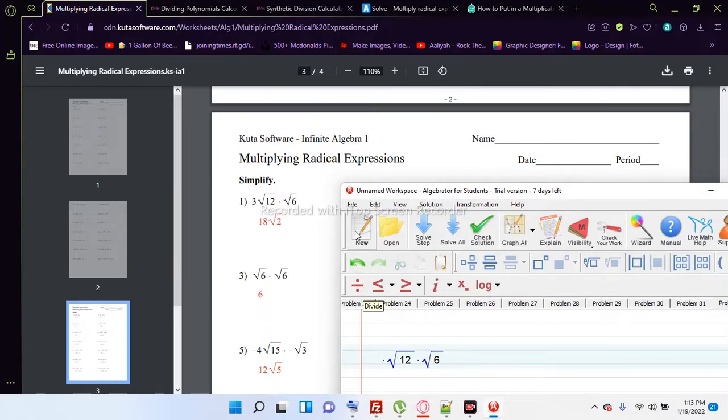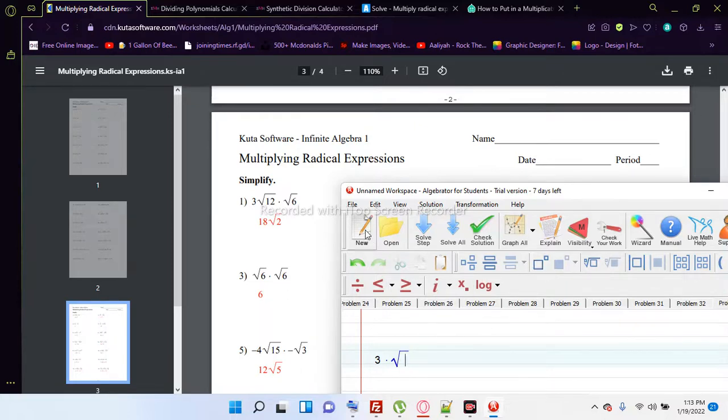You know what? New. So it'll be a 3, radical. I know what we're doing. 3, radical 12. Let's see.